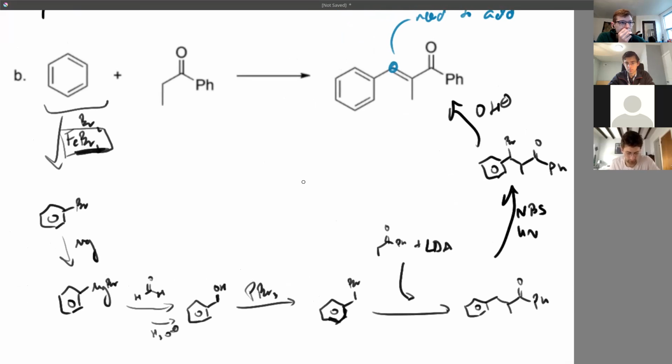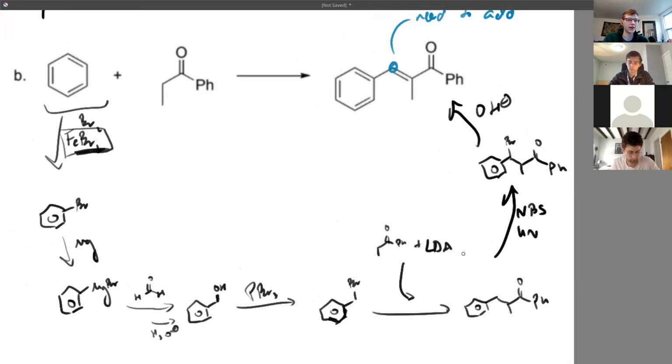Could you use a regular oxide base instead of LDA in this situation? Like, could you just use OH to deprotonate? So this is a case where LDA would be useful because in practice, when you do this, you can't isolate the enolate.